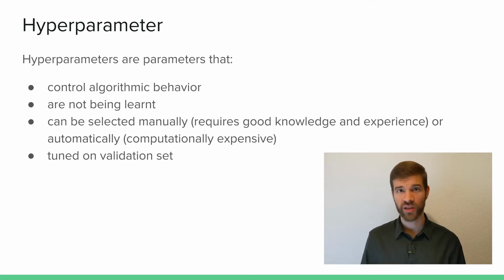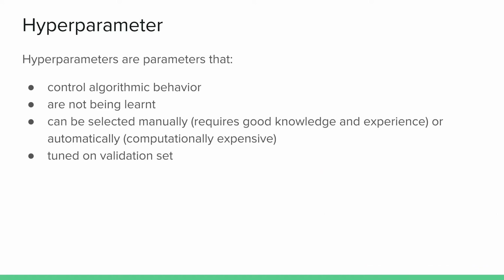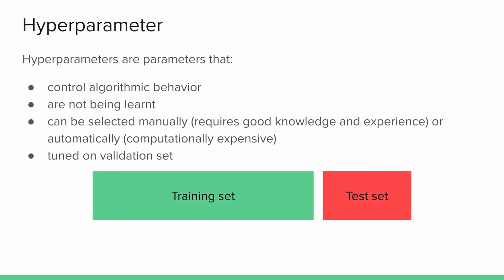And one really important concept here that I also want to see in your project is that hyperparameters are tuned on a validation set. Now let's talk about the validation set. Typically, when we talk about our entire data set, we've collected, say, 1,000 images that we manually hand annotated for cats and dogs, as usual.